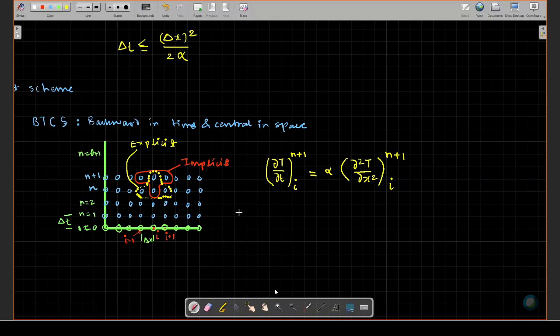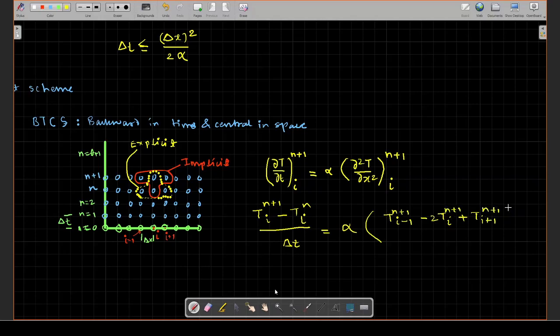So t I at n plus 1 minus t I at n, divided by delta t, equals alpha times t I minus 1 minus twice t I plus t I plus 1, all at n plus 1, divided by delta x square.